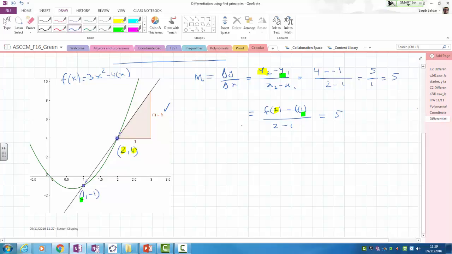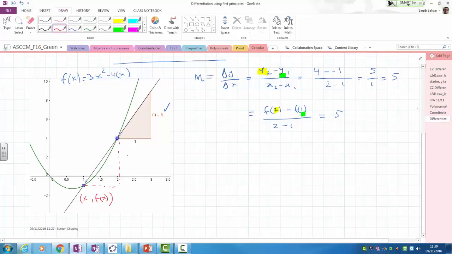Let's now switch from numbers to letters. Let me rub these points out, and let me instead just use x, and my y coordinate will be f(x). And then I've got this little gap here.